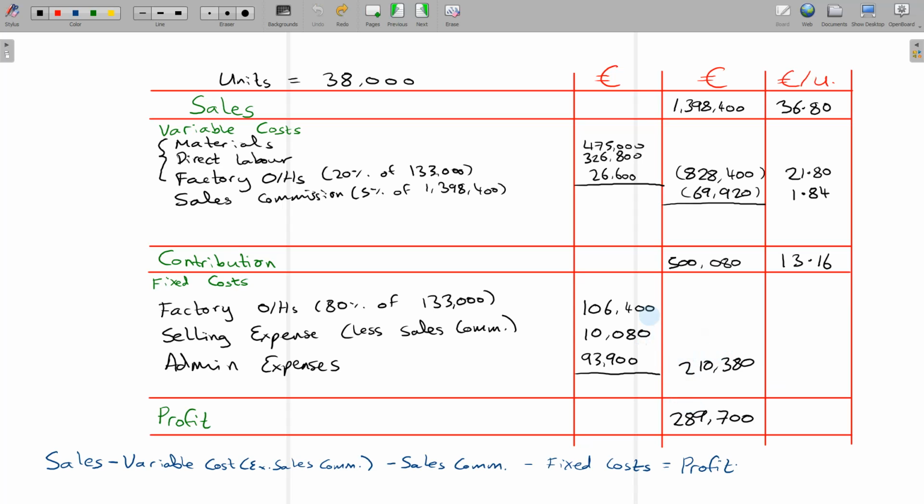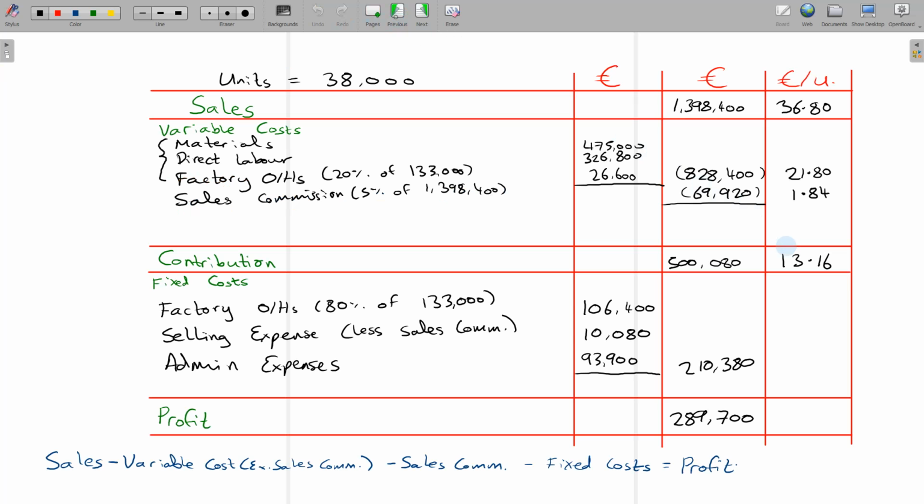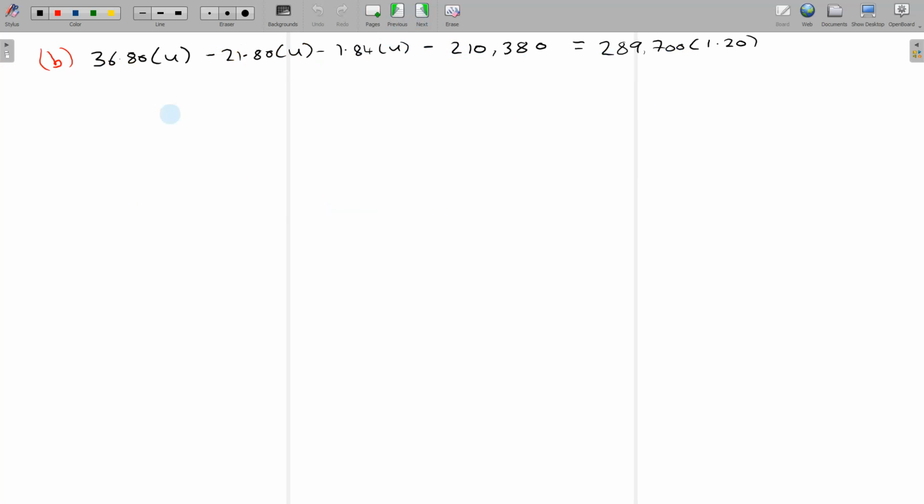We want to get 289,700 by 120%. So this is just a contribution because we haven't changed our selling price. So we also haven't changed our sales commission. So I can just use our contribution figure of 1316. So 1316 U. I'm going to move all the constants, so stuff that won't change, or that's the absolute values.